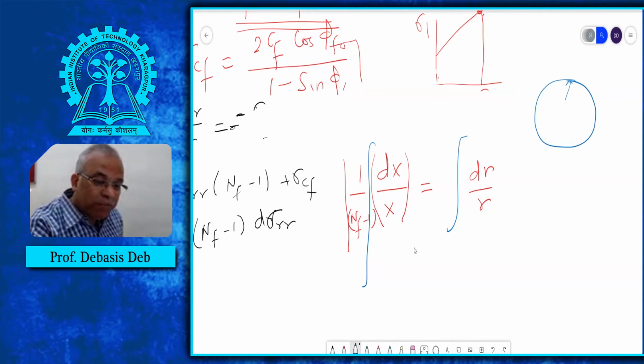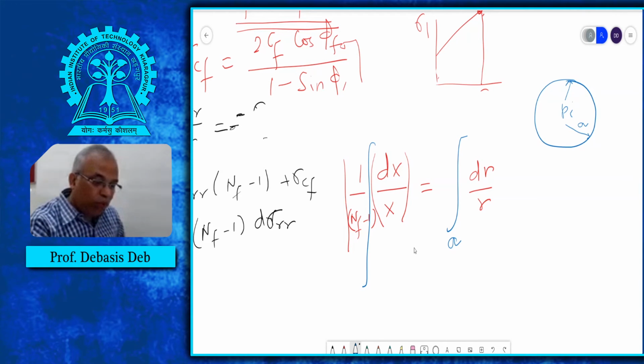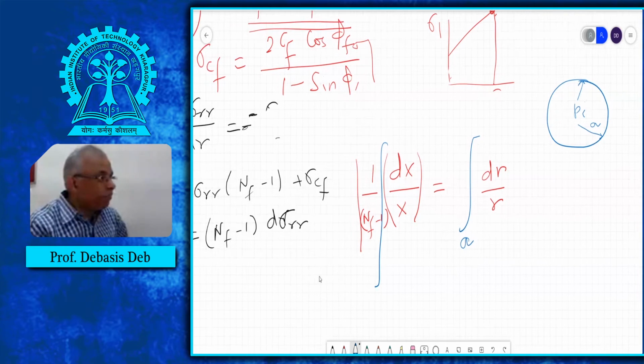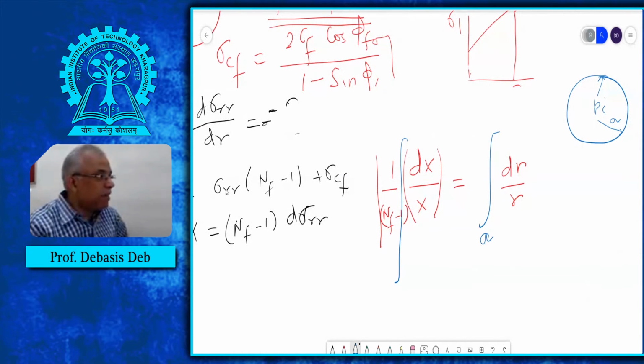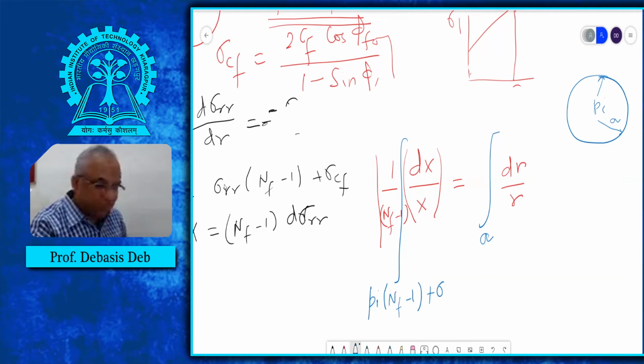We have this pi here, and this is a. Okay, radius is a. So at a, what will be the value? If r equals a, what is the value of this? We have to put sigma RR as pi, right? So this will be pi times NF minus 1 plus sigma CF.